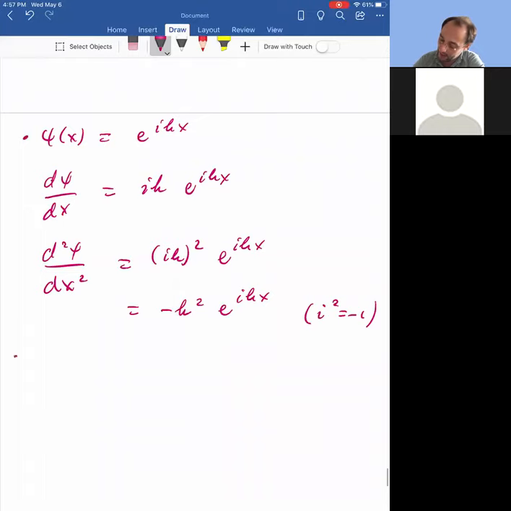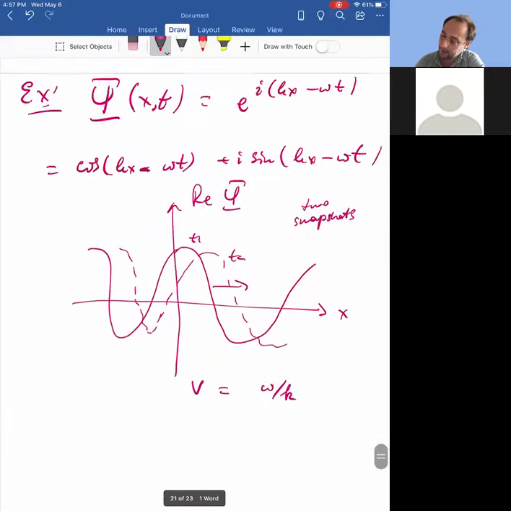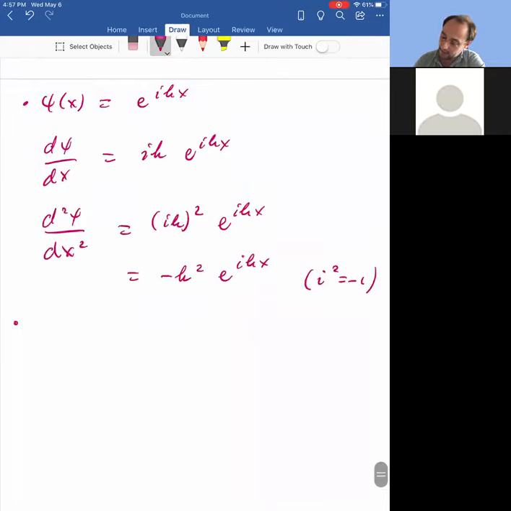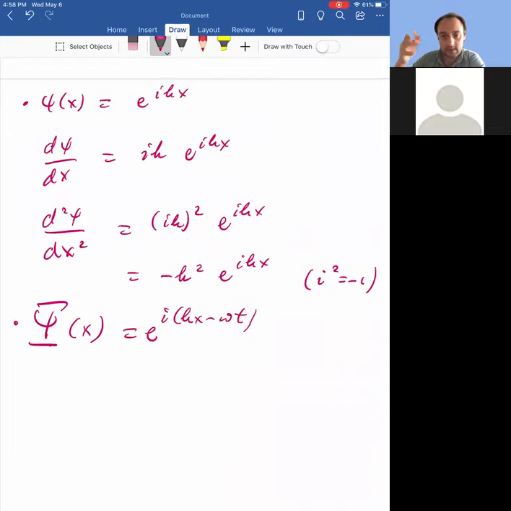If I have some sort of big psi of x, e to the i(kx minus omega t), I'm starting to use the letters that we use in quantum mechanics, lowercase psi, uppercase psi. I hope that does not add a layer of confusion.